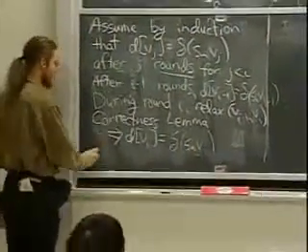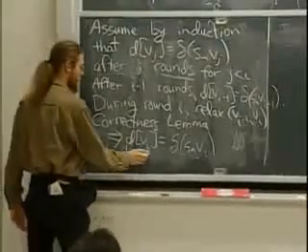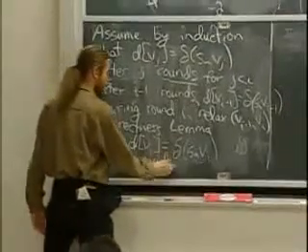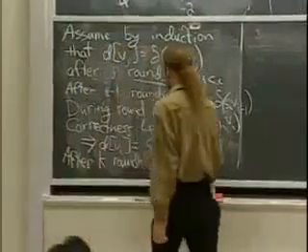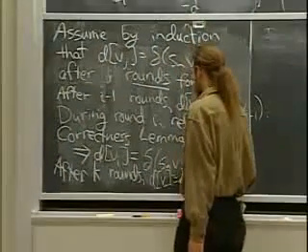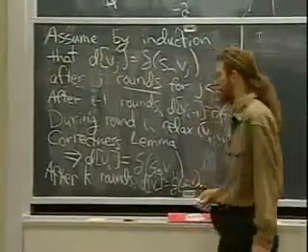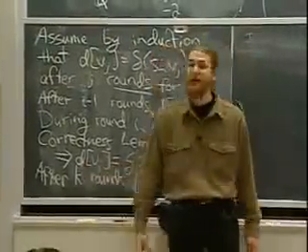So this means after k rounds, we have the right answer for vk, which is v. So the only question is, how big could k be?